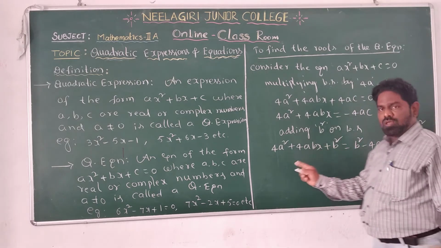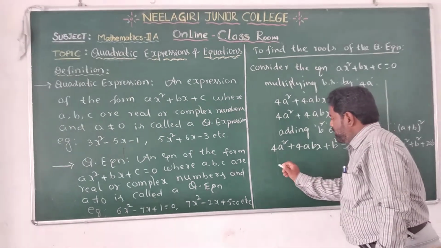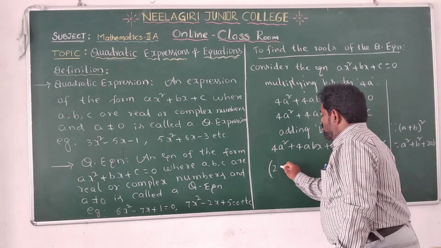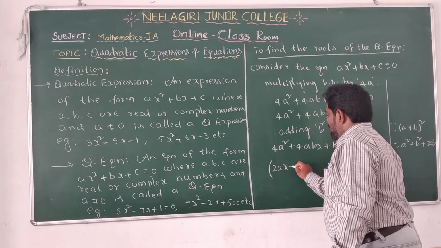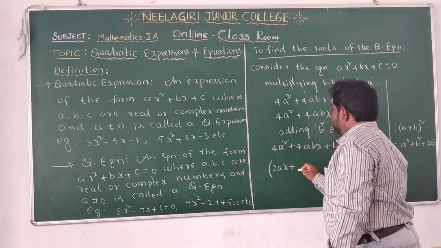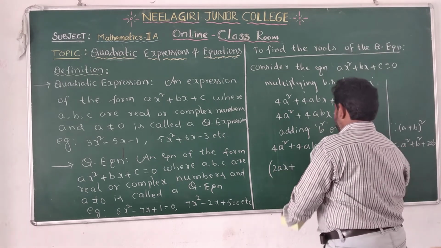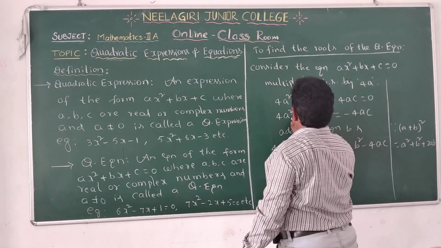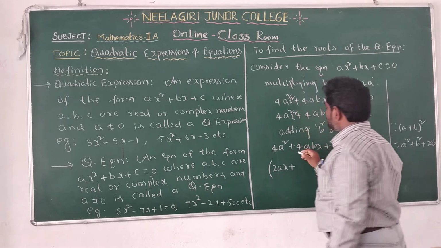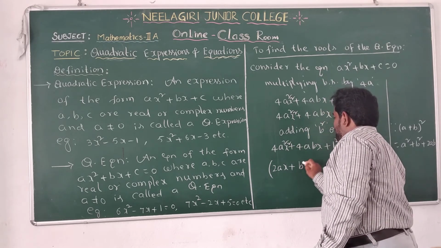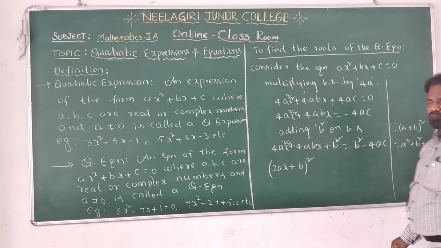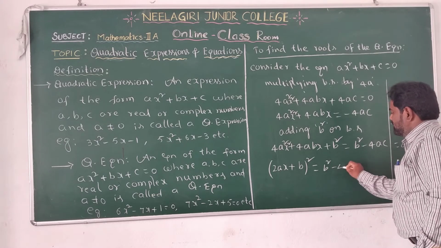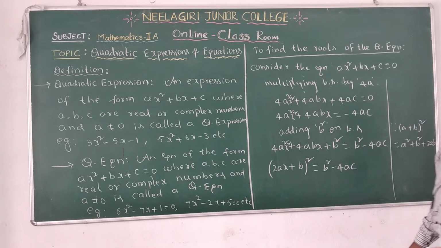According to this formula, the left side can be written as 2ax plus b whole square, equal to b square minus 4ac.